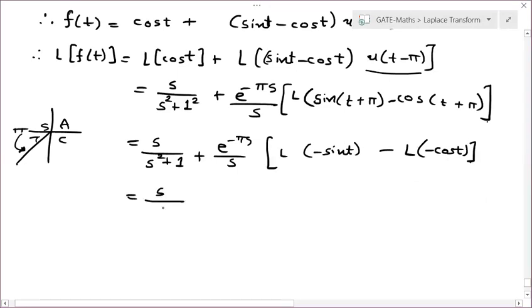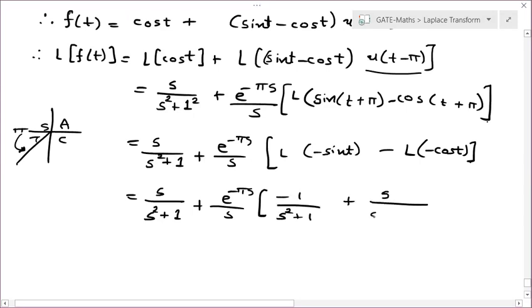So this is s divided by s square plus 1 plus e to the power minus pi s by s into (minus 1 by s square plus 1, minus minus plus s divided by s square plus 1). So this will become s minus 1 by s square plus 1.